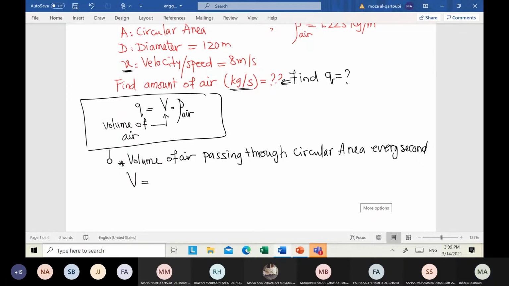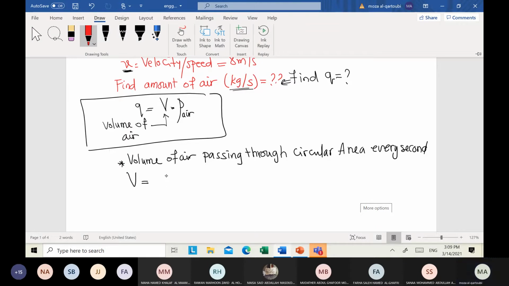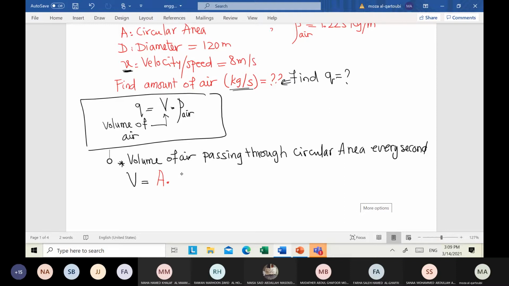So how to find the area? It should be pi R square, where R is the radius.